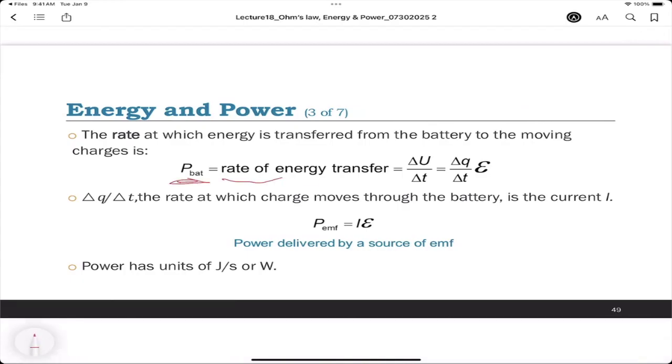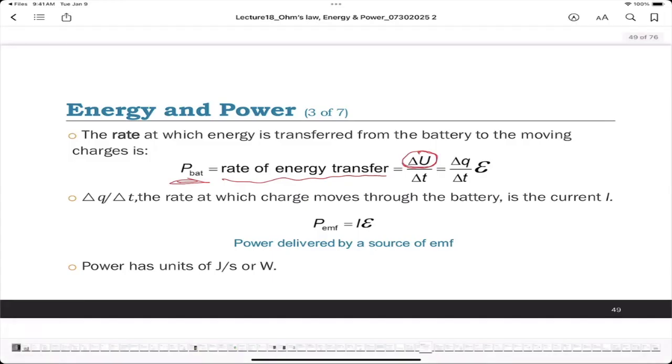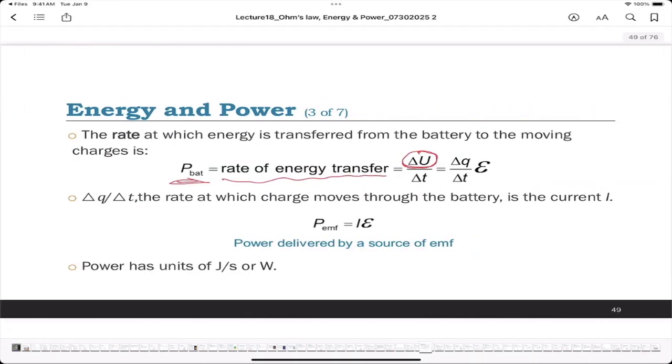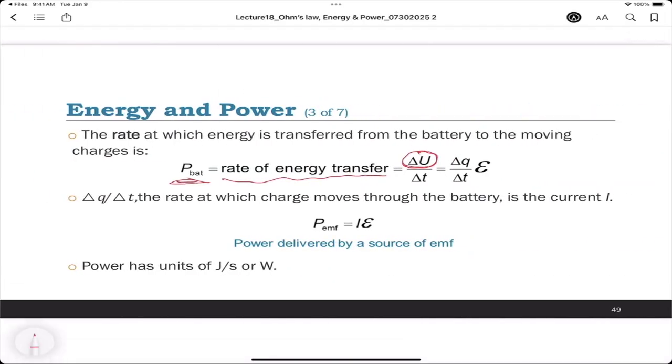This is the rate of energy transfer, which means the potential energy difference here. This is the potential difference of a battery, and this is the time, which means in this time a potential energy change.